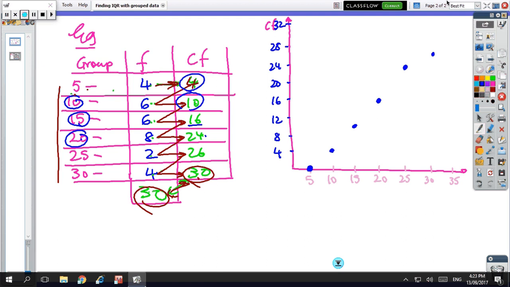And the last group goes from 30 to 35, so the score of 35, which doesn't exist on the table, goes up to 30, which is about there. Then we draw straight lines.